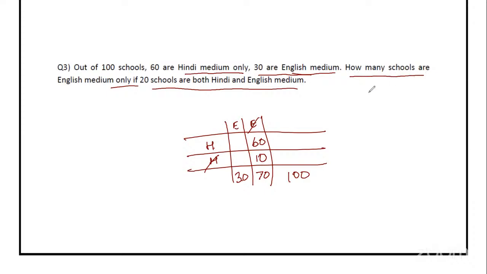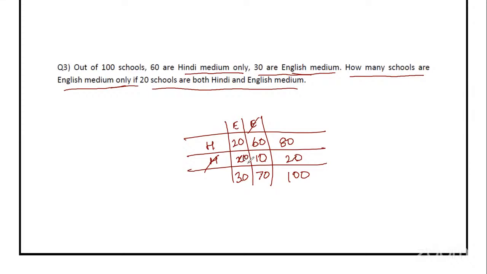How many schools are English medium only? English medium only meaning this is the part that they're asking. English but not Hindi. If 20 schools are both Hindi and English medium, I know this is 80, this will be 20, and therefore if this is 20, this is 10, and X is 10.